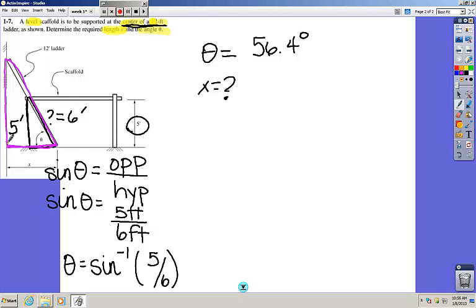Okay, and as you look at that triangle, then you see that you know the hypotenuse and you know the angle theta. Well, the quantity I'm looking for is x, and that is what? It's adjacent to the angle. And the relationship that relates something that is adjacent and the hypotenuse would be cosine.